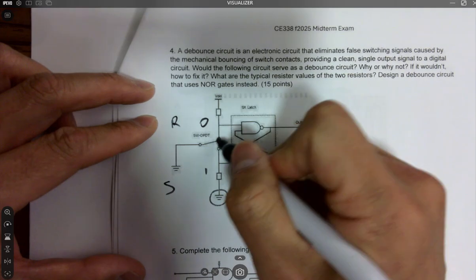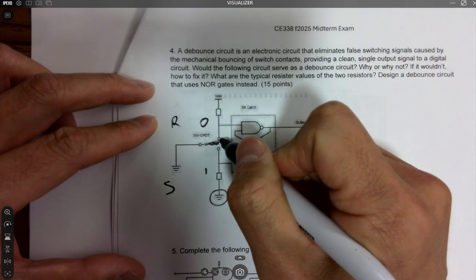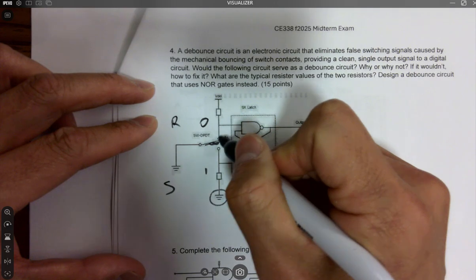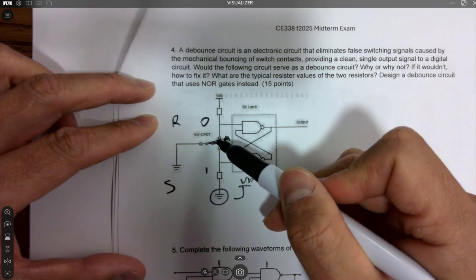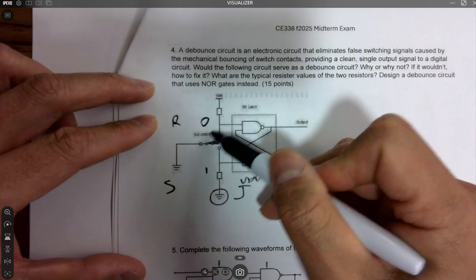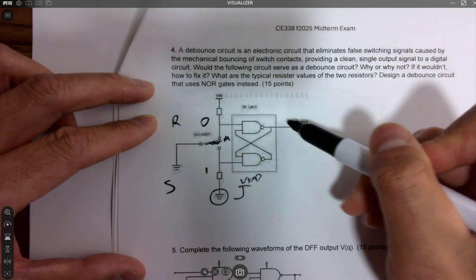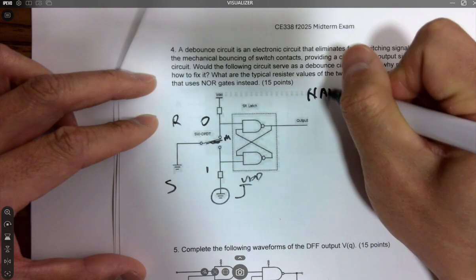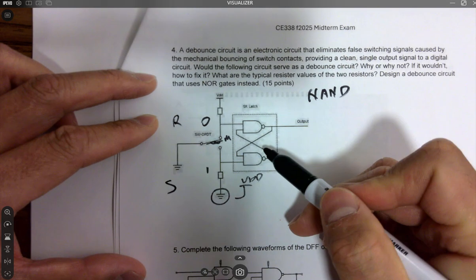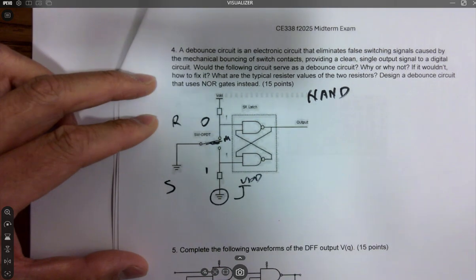So once this one is flying in the middle, take a slow motion, flying in the middle, and there will be a bounce. It's bouncing from 0 to 1, 1 to 0, whatever. It's a memory, because whenever it's switched to 1, it's a memory. So 0 is still setting, so it's not changing it, because the non-gate version of the debounce circuit, if you put a 1, 1 here, is a memory.